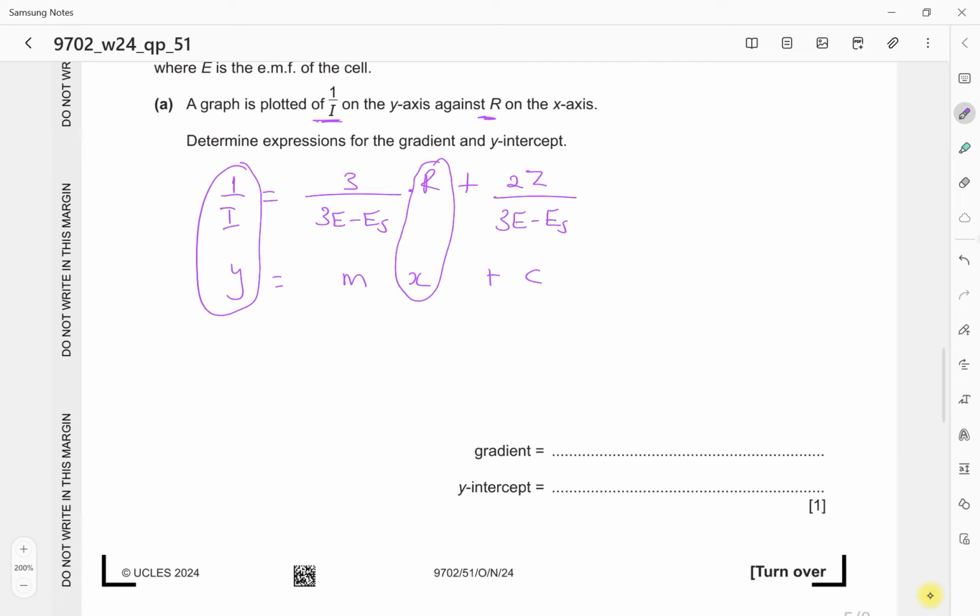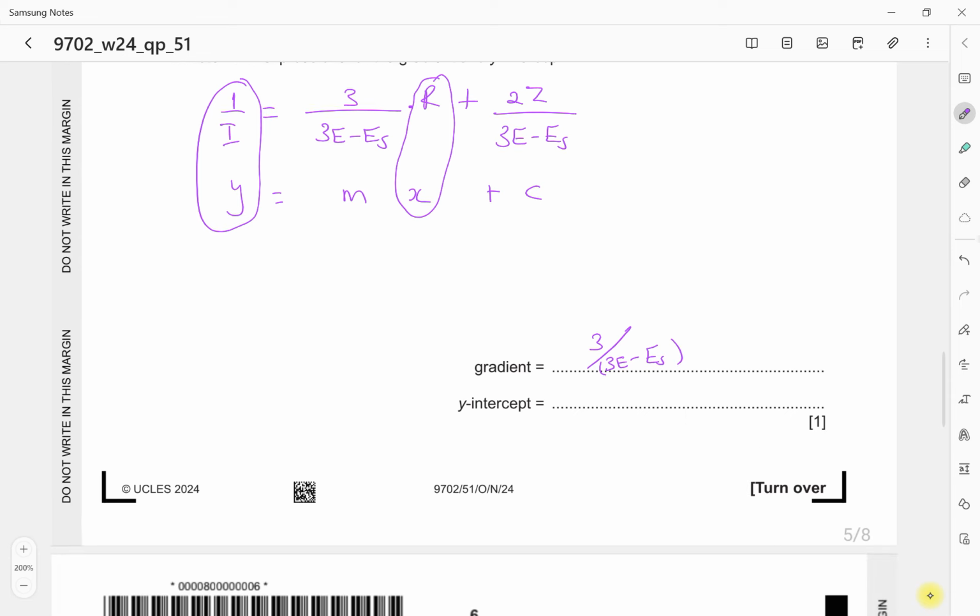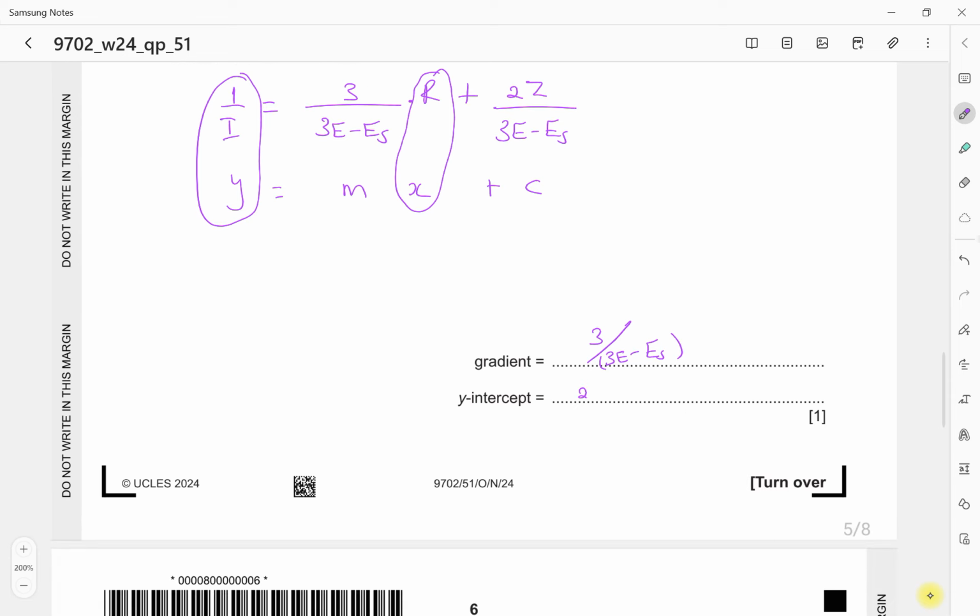So the gradient is 3 divided by 3E minus ES, and then the y-intercept is going to be 2Z divided by 3E minus ES. Okay, so this is the y-intercept.